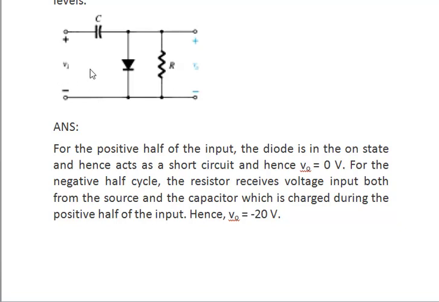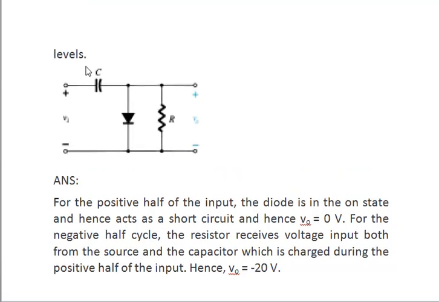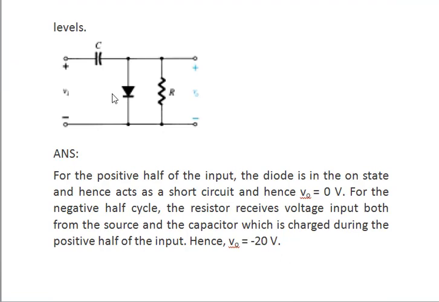During the negative half cycle of the square wave, the resistor receives the voltage input both from the source and the capacitor, which charged during the positive half of the input. So already there was minus 10 volts, and again it gives another minus 10 volts.